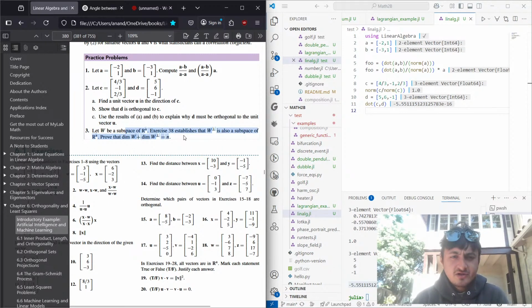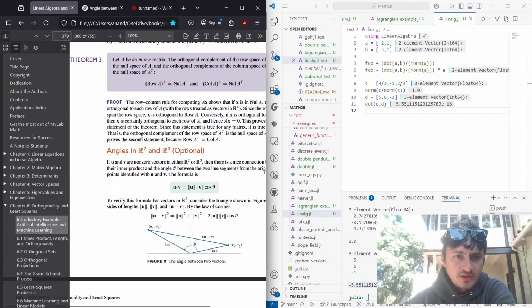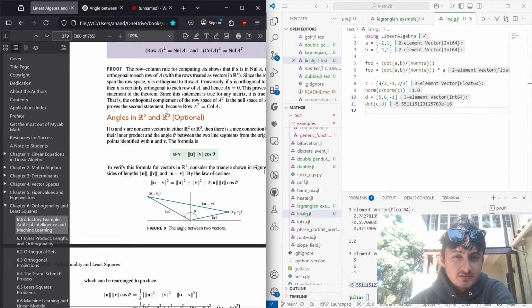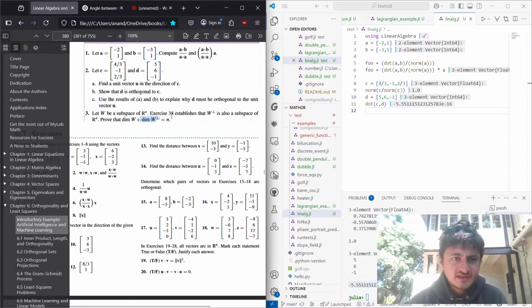Let W be a subspace of Rn. Exercise 38 establishes that W perp is also a subspace of Rn. Prove that the dimension of W plus the dimension of W perp equals n. But we know that the null... hold on. This is a good one.